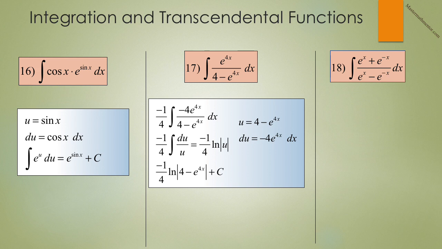We have everything but the negative 4, so we multiply by negative 4 on the inside and negative 1/4 on the outside, getting negative 1/4 the integral of negative 4 e to the 4x over 4 minus e to the 4x dx. And this becomes negative 1/4 the integral of du over u, which is negative 1/4 the natural log of the absolute value of u. And the final answer is negative 1/4 the natural log of the absolute value of 4 minus e to the 4x plus c.